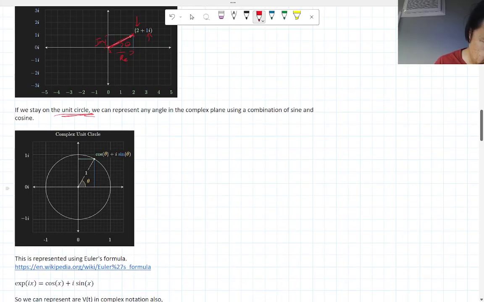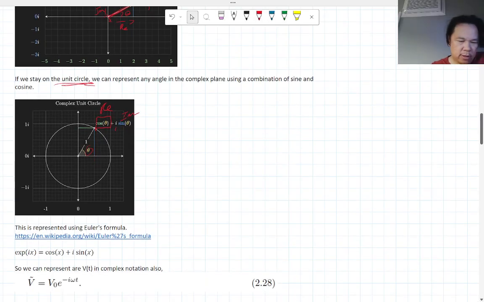We can write this dependence on theta as a combination of cosine for the real part and i times sine for the imaginary part. Just like here you have this i in front of it. The i gives you the sine of theta, the vertical line here. The cosine of theta gives you the horizontal distance here. It's just like in your trigonometry class.